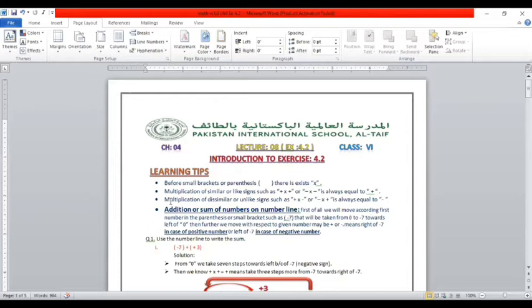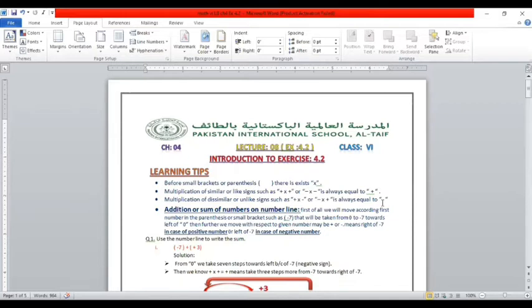Third point, multiplication of two dissimilar or unlike signs, like plus multiply by minus or minus multiply by plus, is always equal to minus.